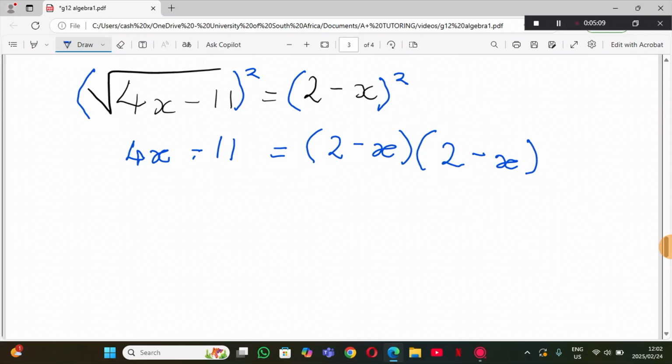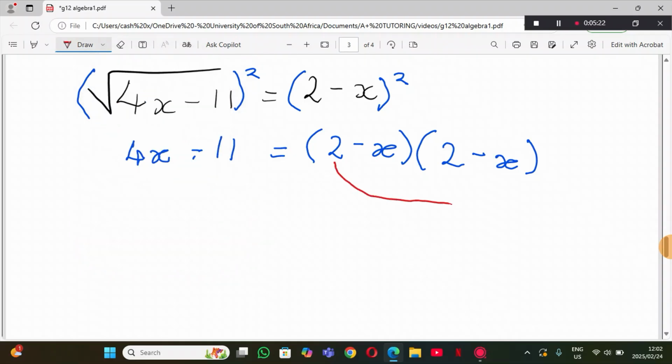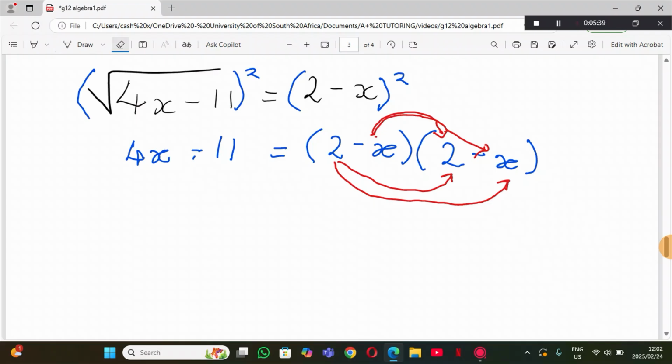So now I'm multiplying this, and remember, when you're opening these brackets, you are going to be multiplying this with that, this with that, and then this with that, and with that. Okay, let me write that properly.